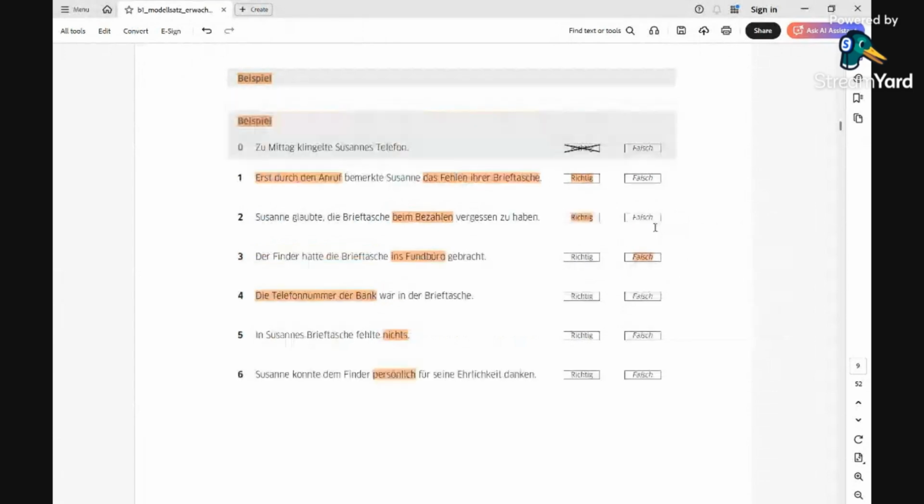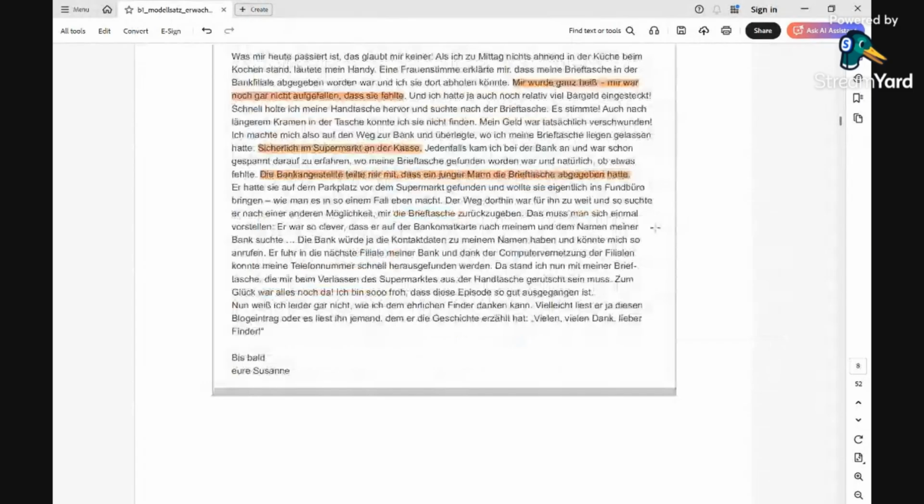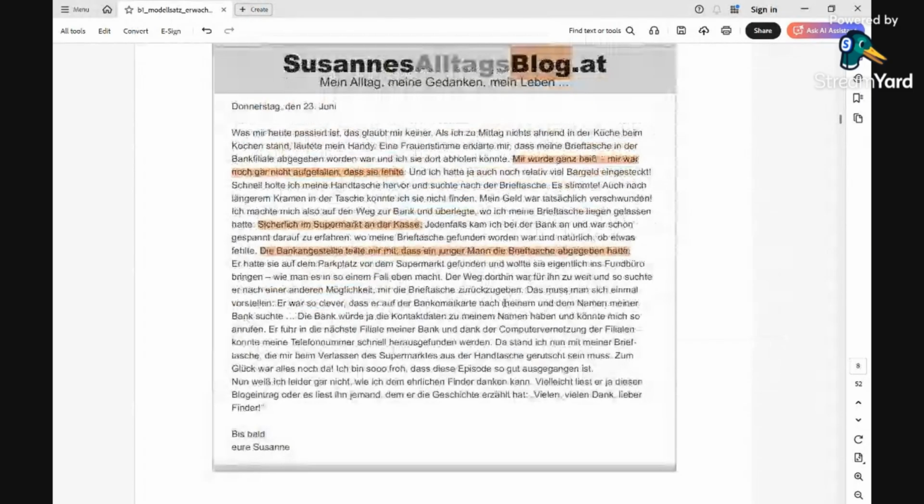Okay? So we had read until here. So what happened is she reaches the bank. The person who works at the bank gives her the bag and tells her that a young man brought the bag there and he had found the purse auf dem Parkplatz vor dem Supermarkt, like at the parking lot in front of the supermarket.